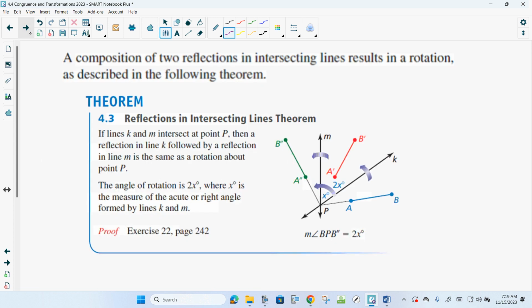Composition of two reflections with intersecting lines is a rotation, as described. The angle measure here, if I do a double reflection, so I reflect it across K, and then I reflect it across M, the angle measure created by the two reflecting lines, this arc, would be doubled.